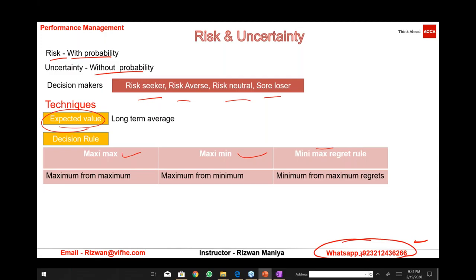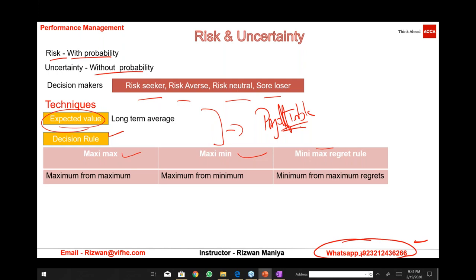So these techniques, expected value and decision rule, are ones that you apply on a profit or a payoff table. Okay, so a payoff table is one that you are either given in the paper or you have to make yourself.